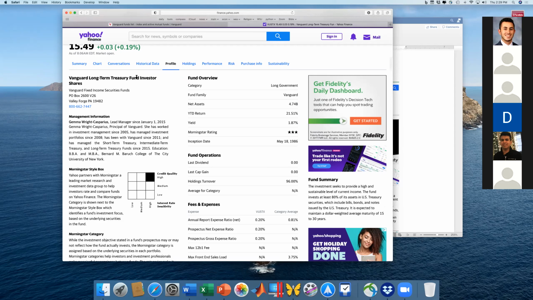If we look at Vanguard's intermediate fund, it would maintain a much lower average maturity. So that gives you a feel for the maturity of that fund.